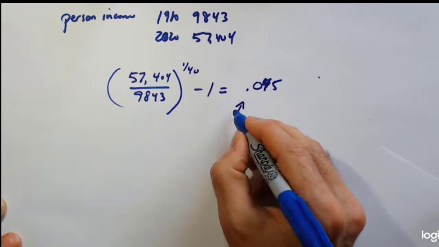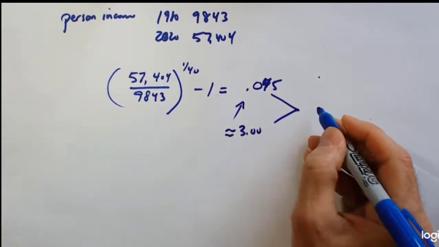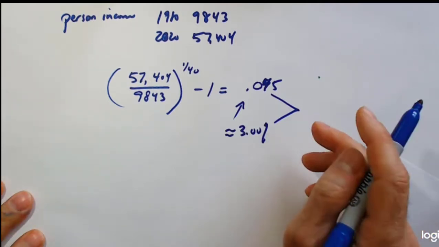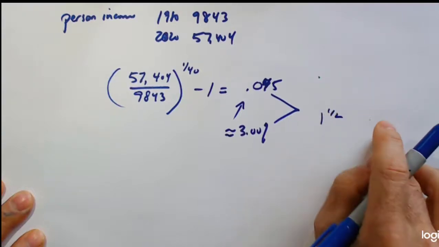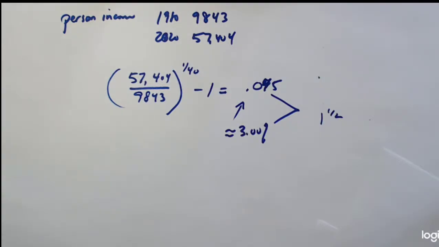And so we're saying that inflation was about 3%. So that means that on average, labor productivity growth was about 1.5% per year over the last 40 years.